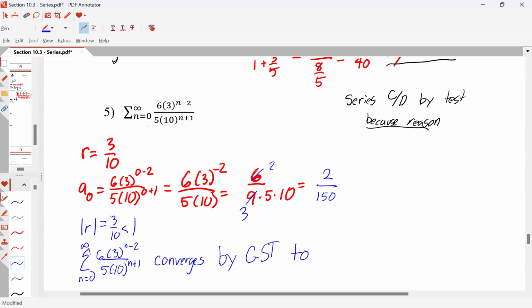And it converges to A, 2 over 150, over 1 minus 3/10, which all of this ends up working out to be 2 over 105. So there are our examples for the geometric series test.